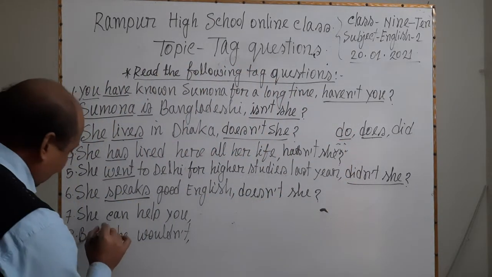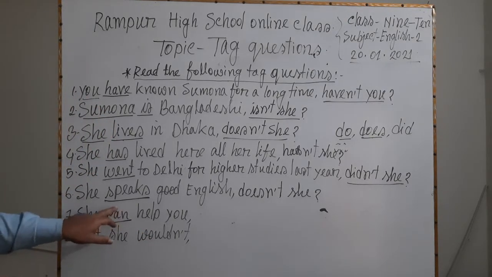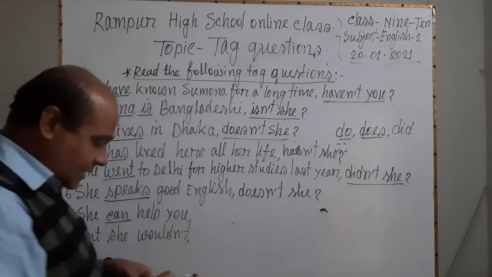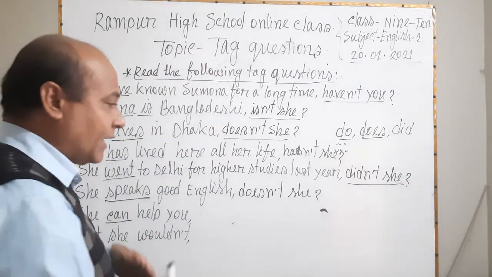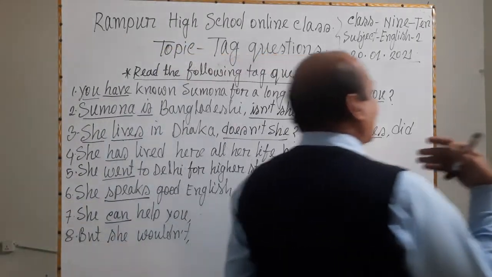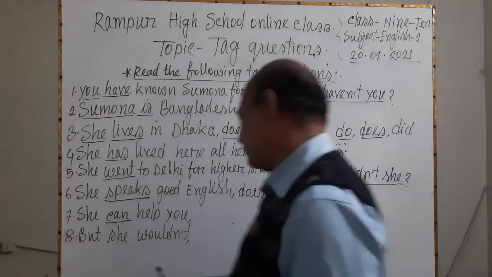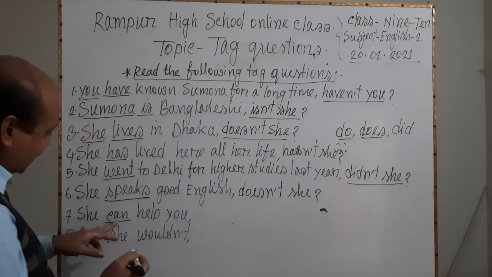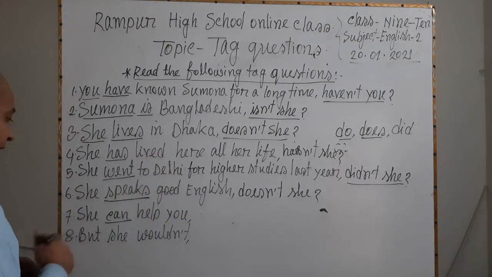Then dear learners, notice that here there is an auxiliary verb and it is a modal auxiliary verb. Dear learners, if there is a modal auxiliary verb in a sentence or in a statement, it will be set in the tag question as an auxiliary verb, and as it is affirmative, the tag question will be negative.